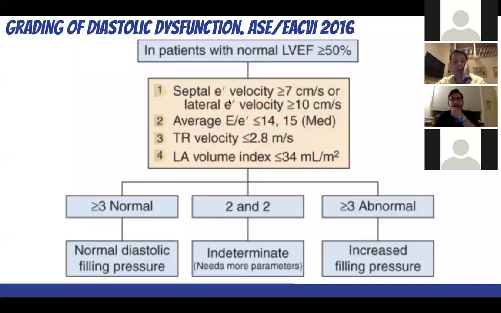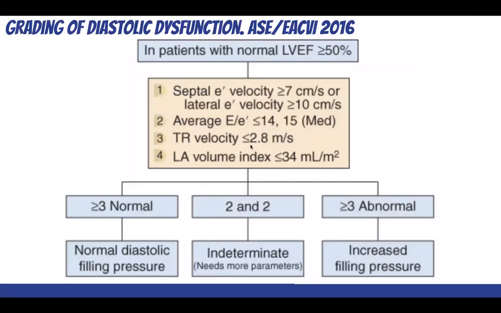So the septal E prime velocity, lateral E prime velocity, average mitral E to E prime velocity ratio, TR velocity, and the LA volume index. We're not going to go over the left atrium volume index because I think it's a totally different topic, and for the most part you can get away without this index.